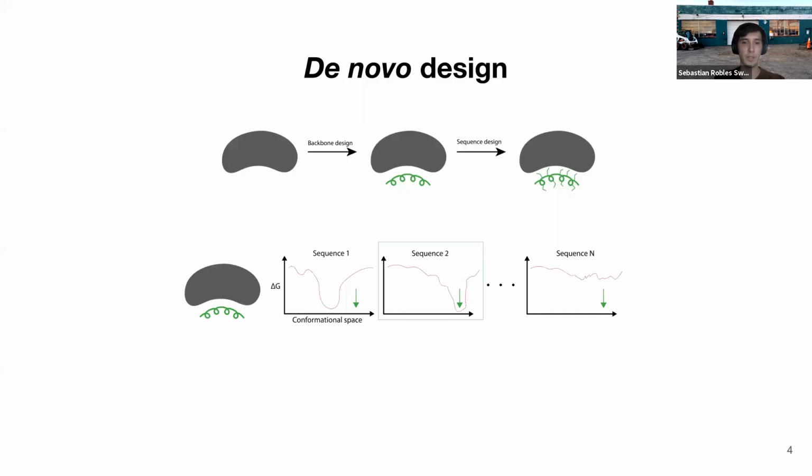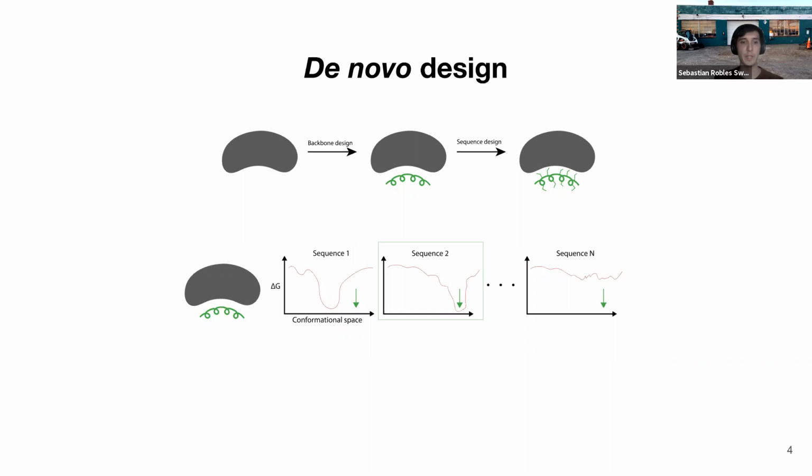Here I'm just showing an example of some intended conformation. We're thinking of designing this green curly bit. You can imagine for all the possible sequences that each has this conformational energy landscape. And the sequence that you want is the one that has a free energy minimum that corresponds to your desired conformation. Obviously with design, we don't actually search this whole energy landscape, but that's what a successful design looks like in terms of designing sequence.